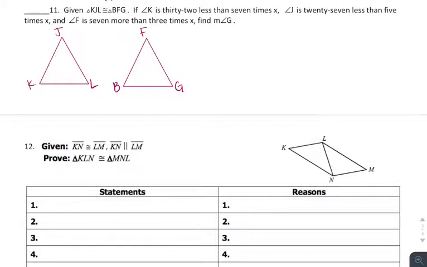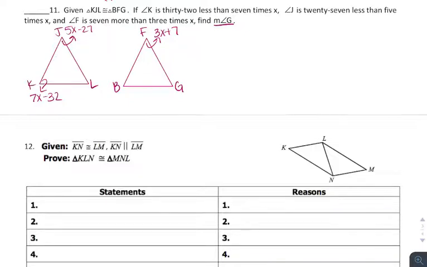All right, it says K is 32 less than 7 times x. So you'd write that as 7x minus 32. J is 27 less than 5 times x. So 5x minus 27. And x is 7 more than 3 times x. So 3x plus 7. Okay, it wants us to find the measure of angle G.